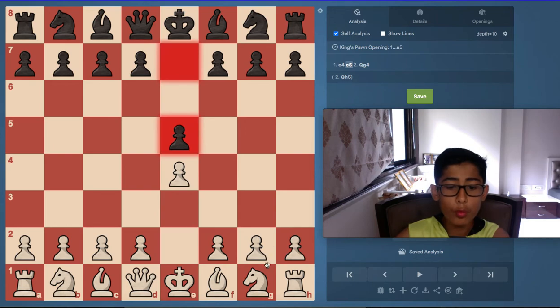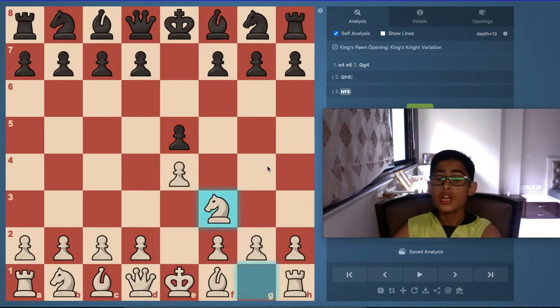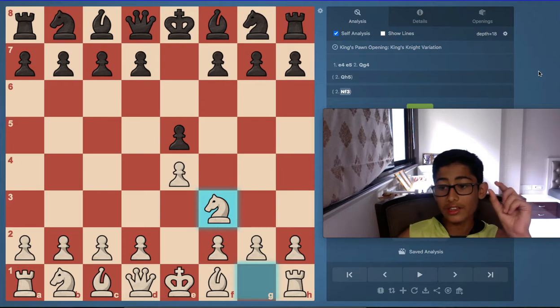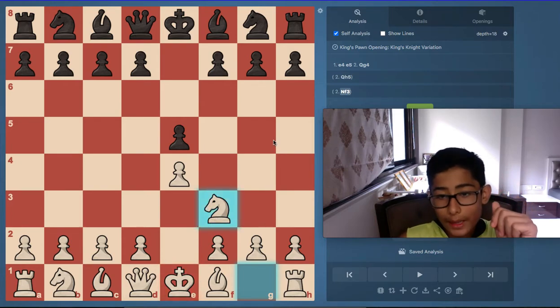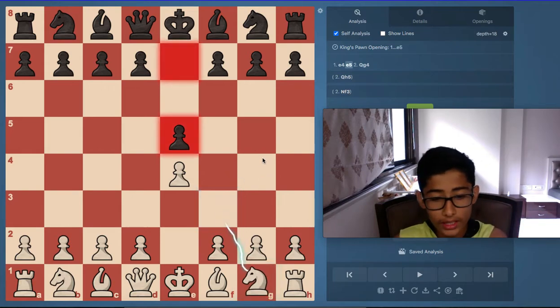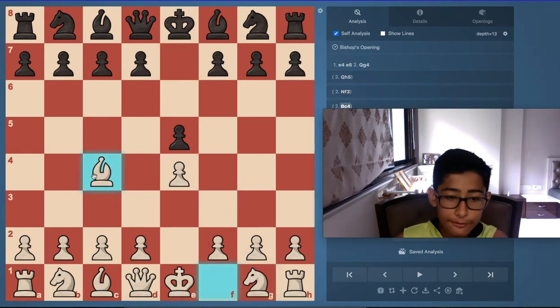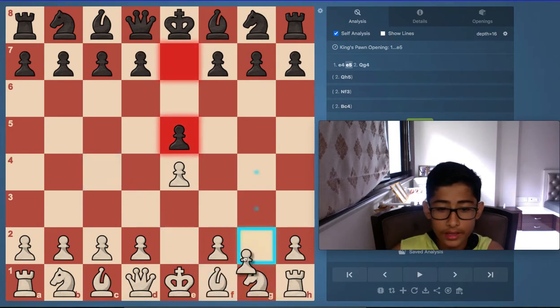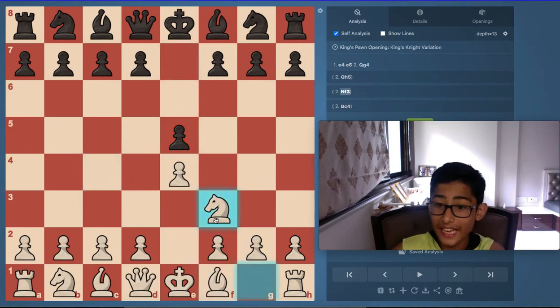After e5, what if you play Knight to f3? Now, this is something which you need to know. In chess, there are two pieces which start with the letter K, the king and the knight. Now, you might be thinking that for every other move, like imagine you play bishop to c4, we say B capital because this starts with B. But when we do knight to f3, why is it not K?